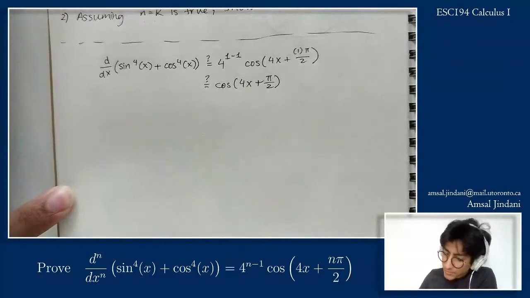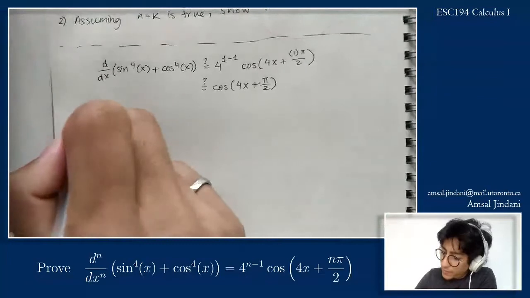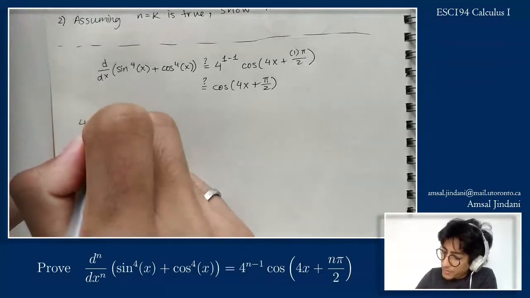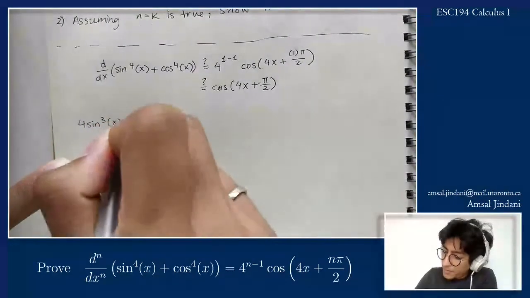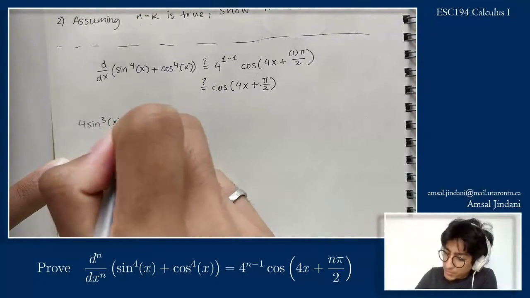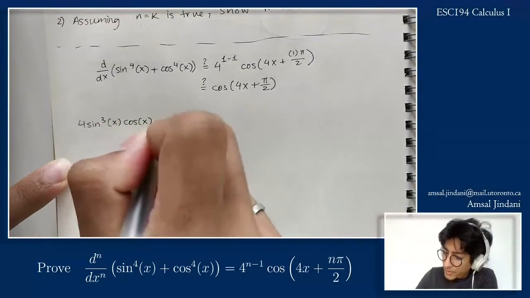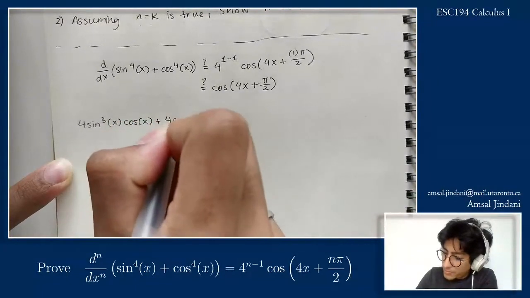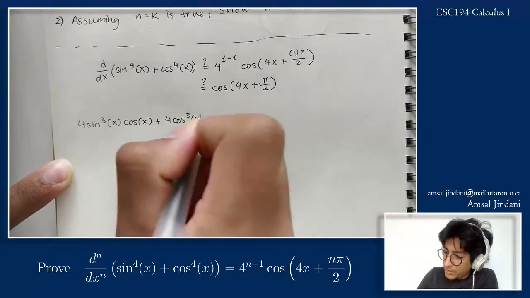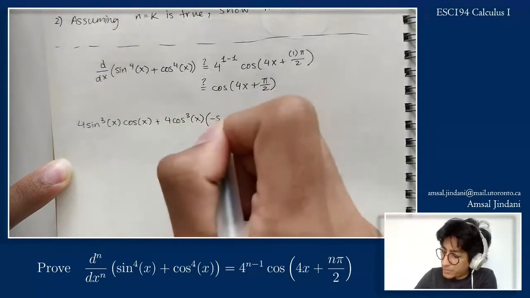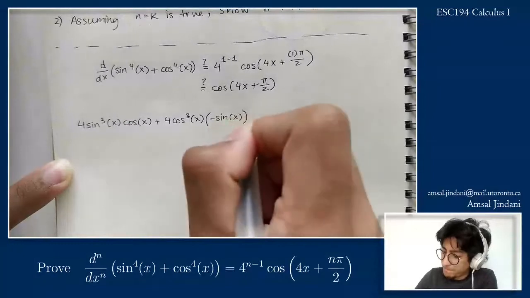So when I take the derivative of this, I get 4 sine cubed of x multiplied by the derivative of sine, which is cosine. And then I have 4 times cosine cubed of x, and then the derivative of cosine is minus sine.